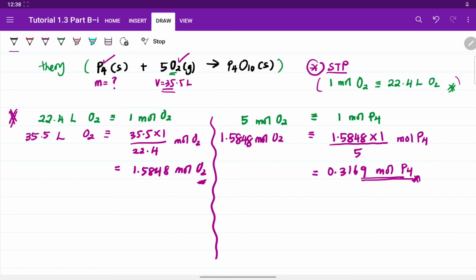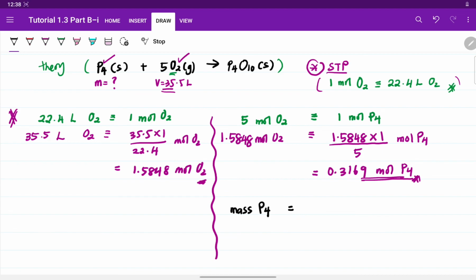Now, once you get the number of mole of phosphorus over here, barulah kita boleh cari berapa mass of phosphorus. Macam mana nak cari mass of phosphorus? Mole darabkan dengan molar mass. So, awak boleh tulis mass ataupun awak letak M sahaja untuk menunjukkan yang ini adalah mass, tapi baiknya kita tulislah. So, mass phosphorus, make sure awak clearly tahu P4. Maksudnya nanti molar mass, relative atomic mass of phosphorus darab dengan 4.